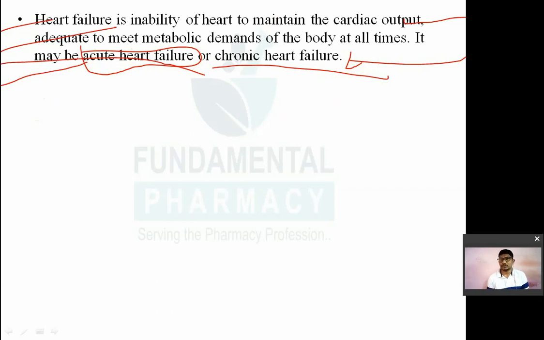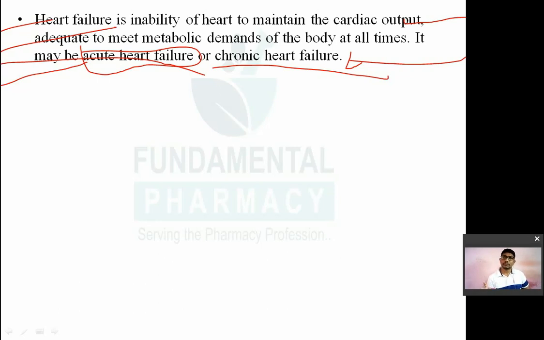If your heart is not able to pump the blood properly, so normally what happens? If you are not doing any physical work, you are just sitting, at that time also your heart is pumping the blood to meet the body's requirement. At rest, your heart is still working.